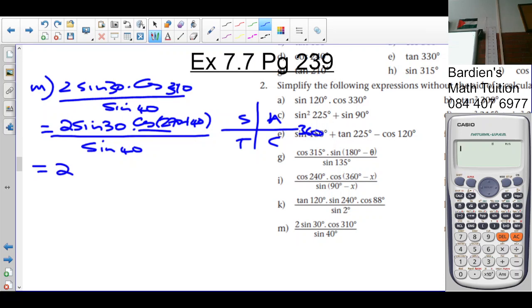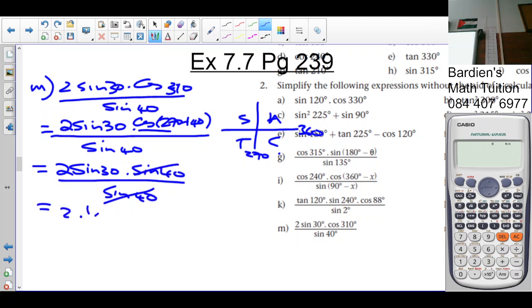It will be 2 sine 30 times cos of 270 plus 40, which changes to sine 40 over sine 40. Cancel. Sine of 30 is a half. 1 times a half, 2 times a half.